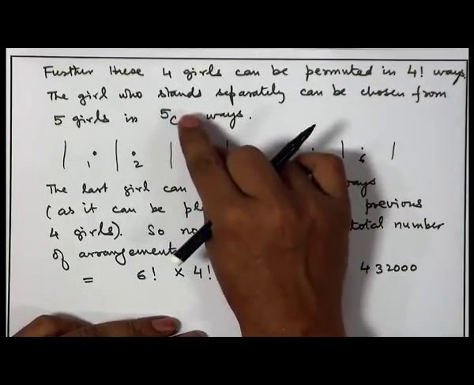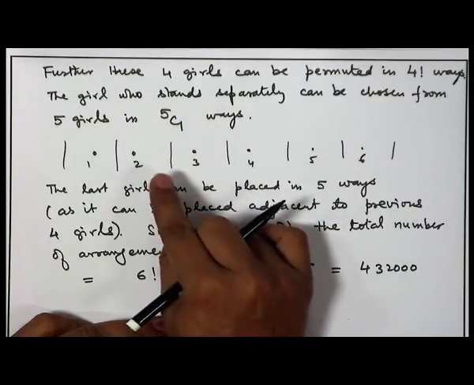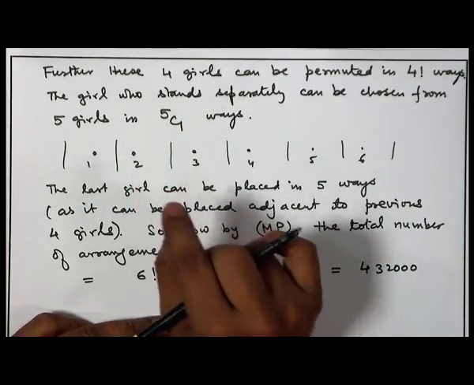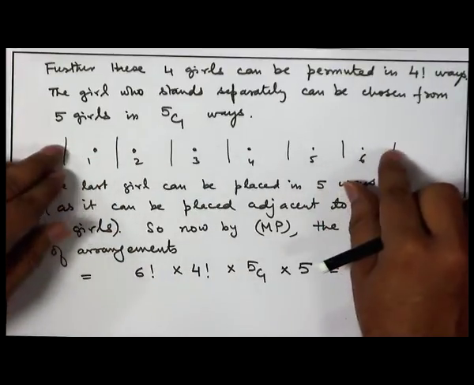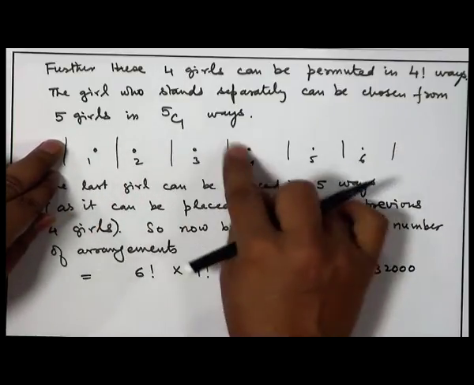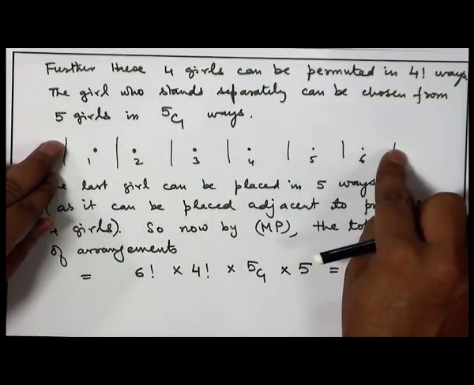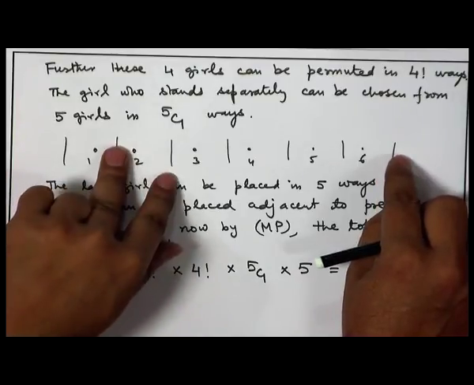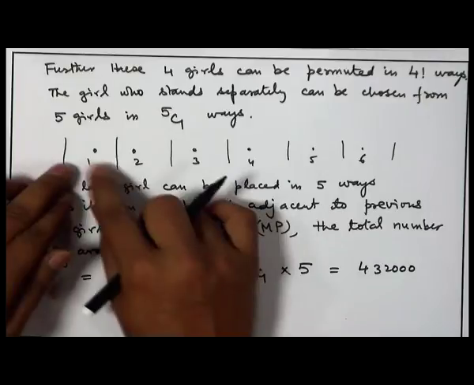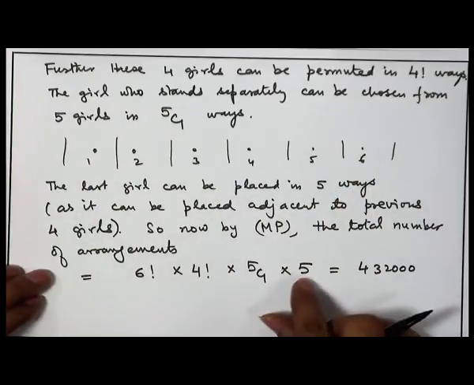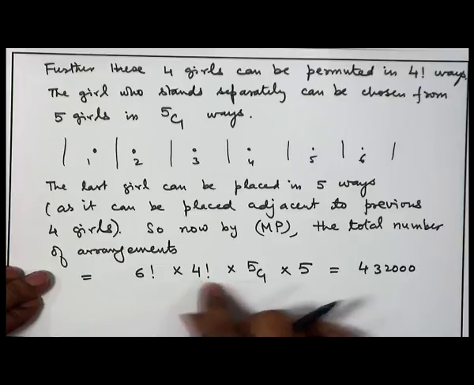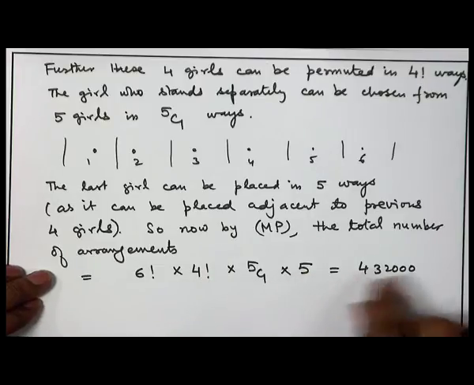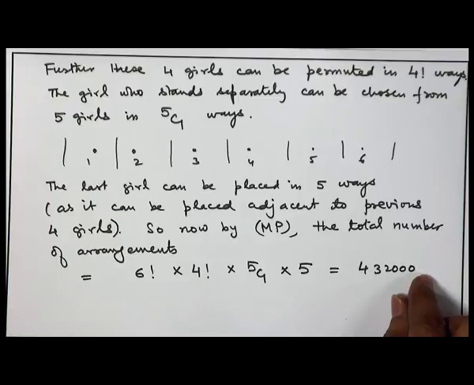Now, the placing of this girl has to be in such a way that it is not adjacent to the unit of 4 girls, wherever that unit is placed. There are actually 7 places where one can put this last girl. Leaving aside 2 adjacent to the set of 4 girls, you have only 5 available options, so the number of ways is 5. Now, applying the multiplication principle, 6 factorial into 4 factorial into 5 C 1 into 5, that is 4,32,000 ways.